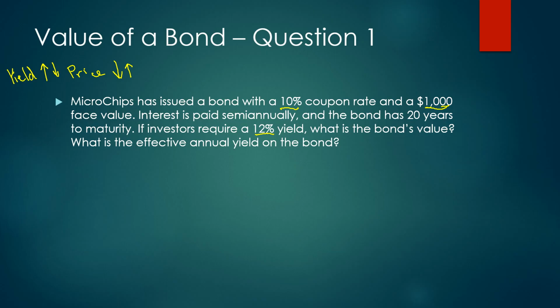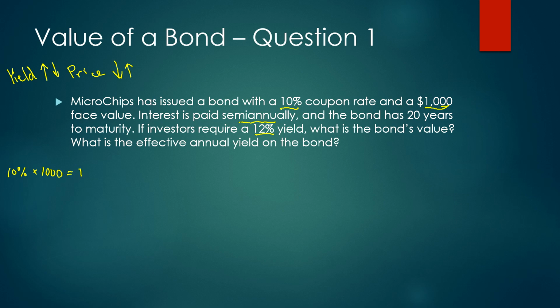Now, before we put the numbers into the formula, we do have to figure out some information first. So here we have a 10% coupon rate. However, that's paid semi-annually. So we have to take 10% times 1,000, which is the face value.